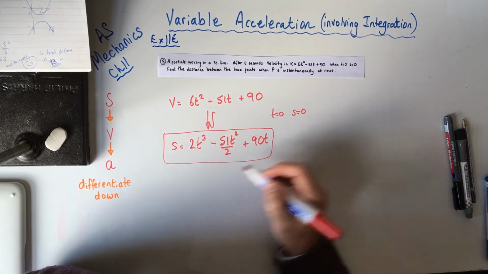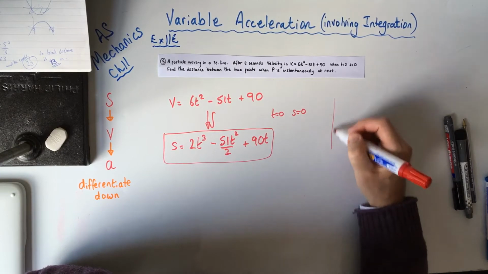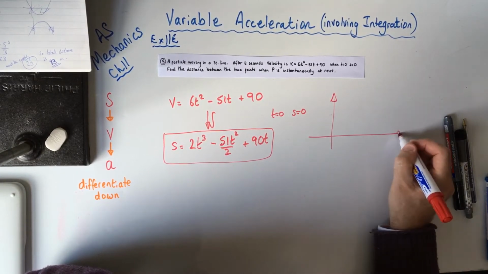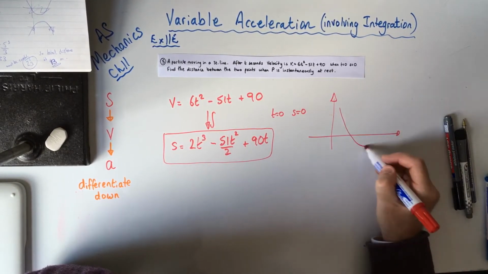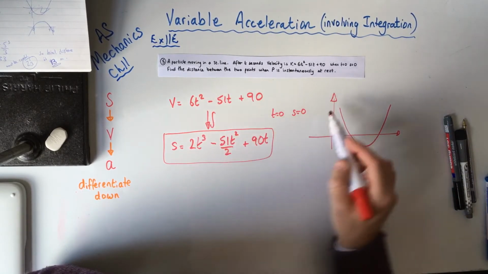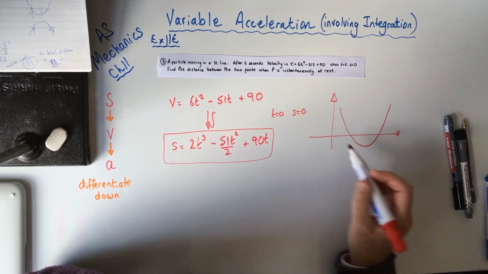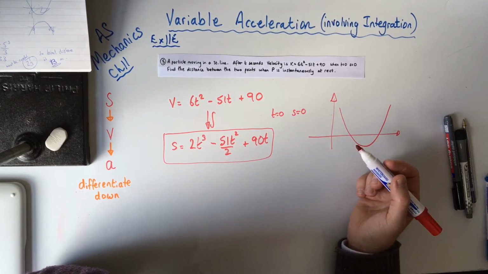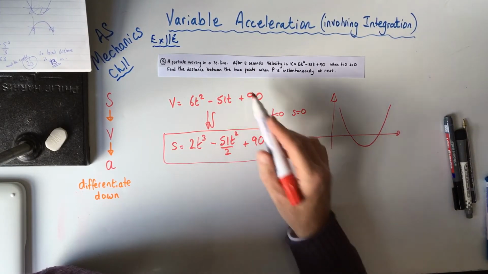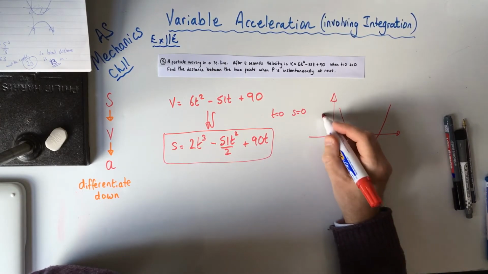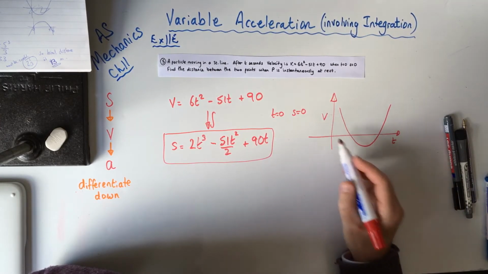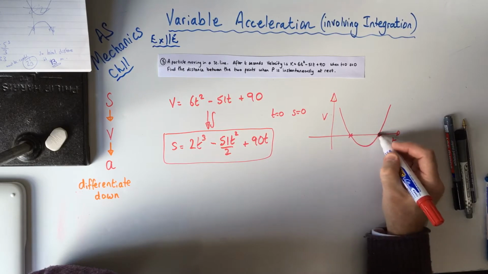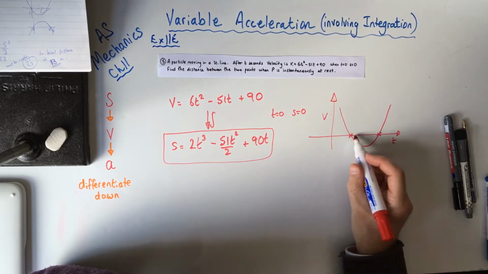So this is where I want you to start thinking about it graphically as well as in real life. There it is, I've drawn a diagram of this quadratic. Now the question is implying that it is instantaneously at rest at 2 points. In other words, there's your velocity-time graph, and at those 2 points, the velocity is 0.